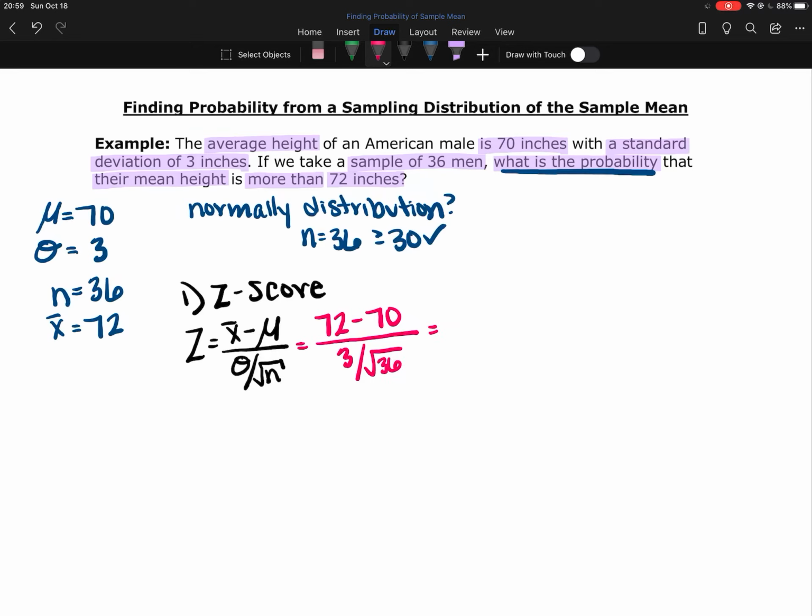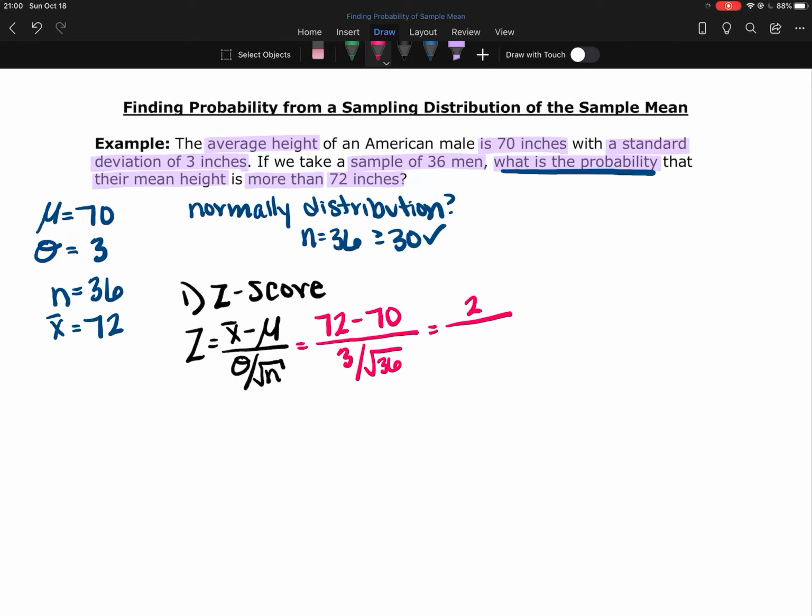Make sure when we're doing this that we do the top and bottom separately. If you have repeating decimals, do not round those until the very, very end of your z-score. So 72 minus 70 is 2.